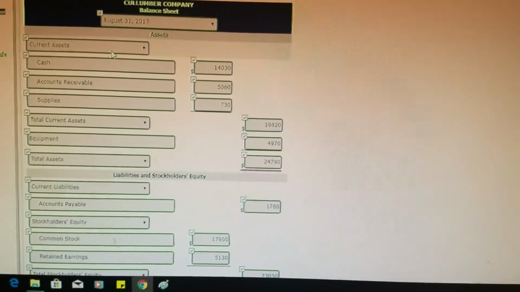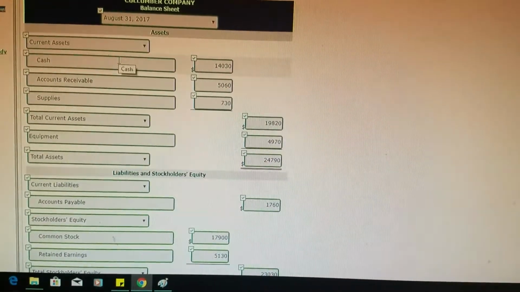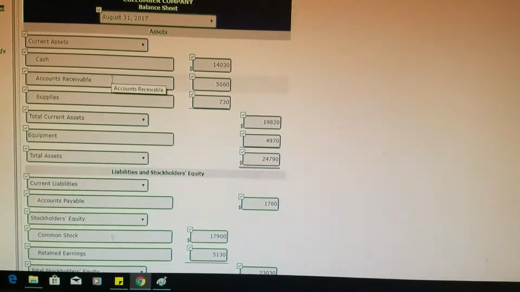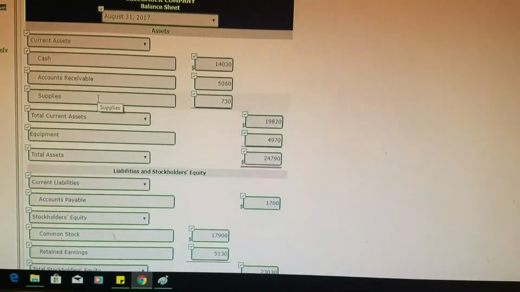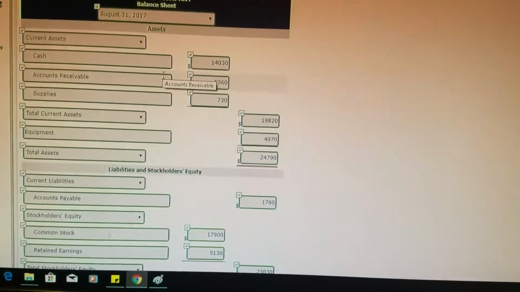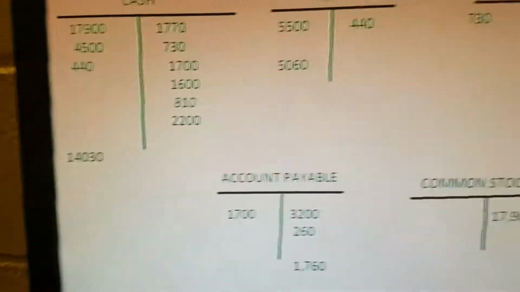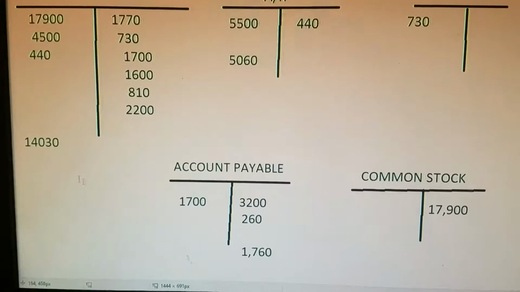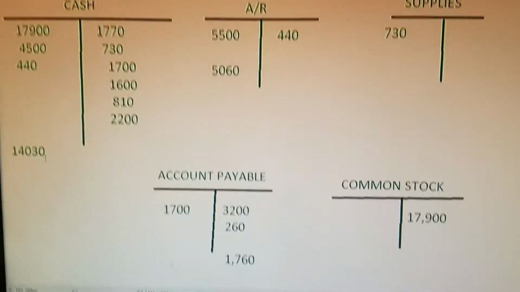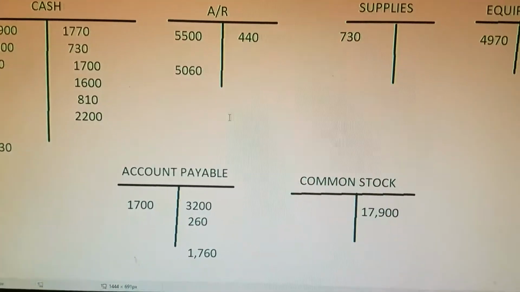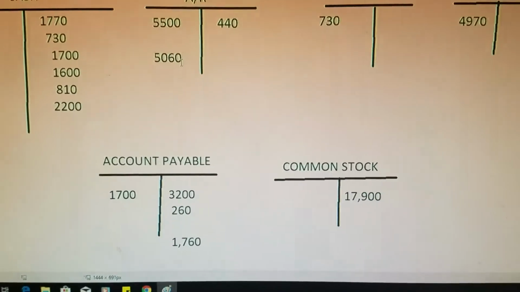as liquidity. We have cash, accounts receivable, supplies, with the amounts we already have in our T accounts. We have the balance of $4,030 for cash, or IRR 5,060.